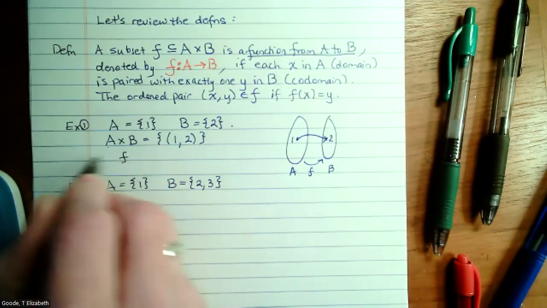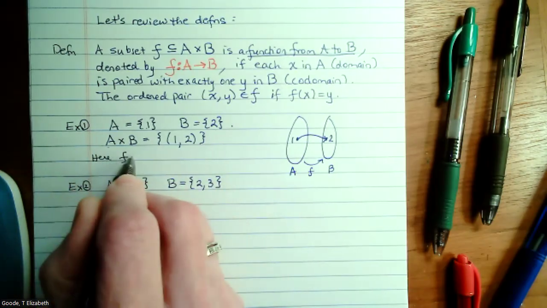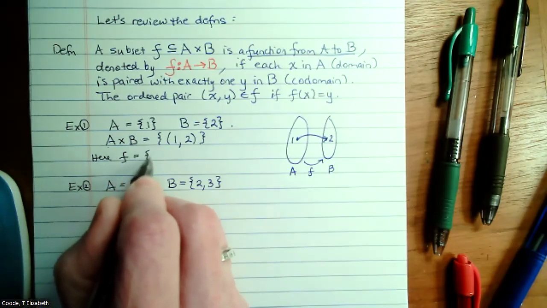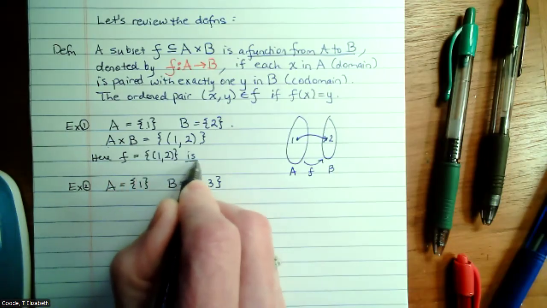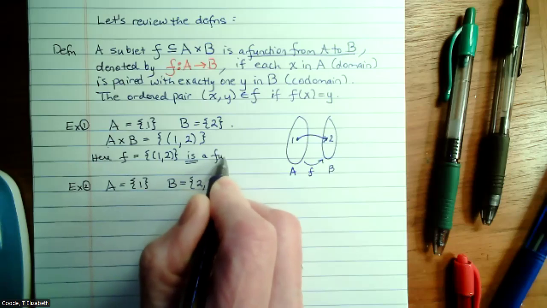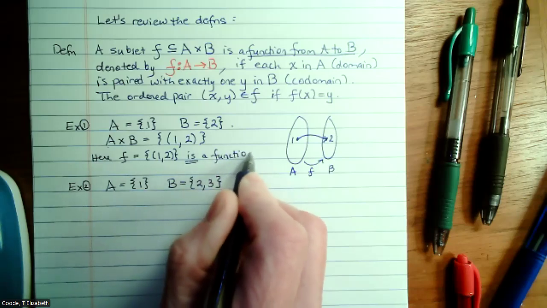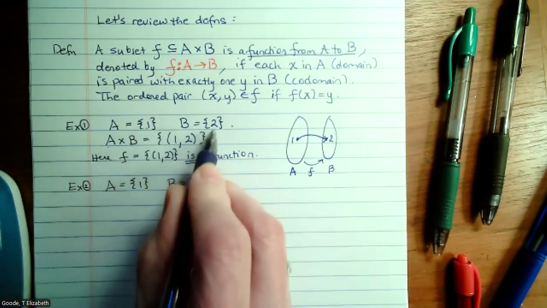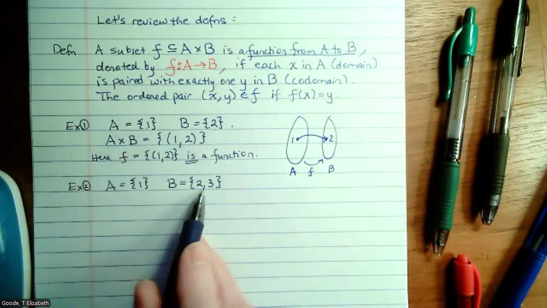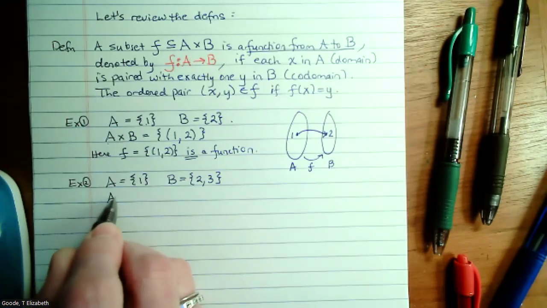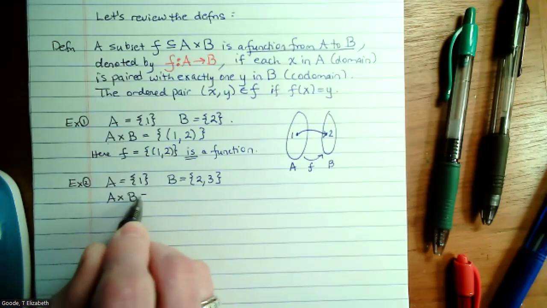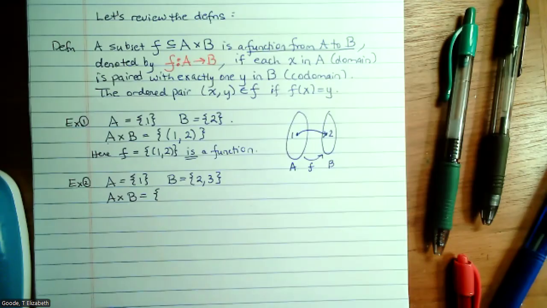Here, F, which is just that single ordered pair, is a function, but that's just because there's only one element in each of the domain and codomain. But what if B has 2 elements? What is A cross B in example 2? How many elements will be in A cross B?